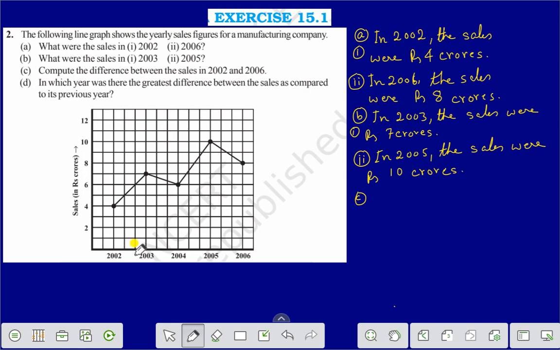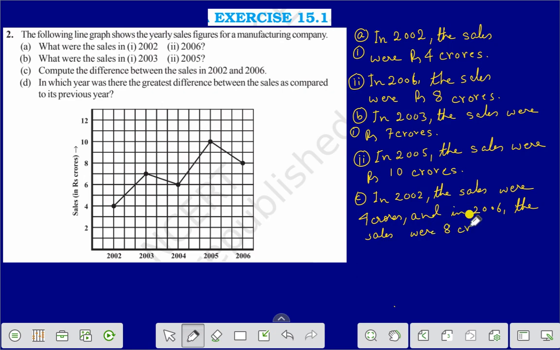In 2002 the sales were 4 crores. And in 2006 the sales were 8 crores.